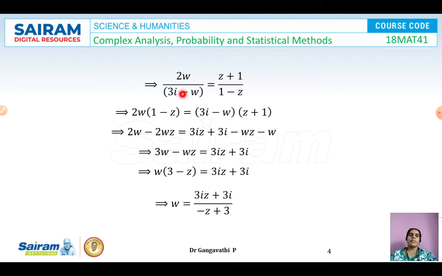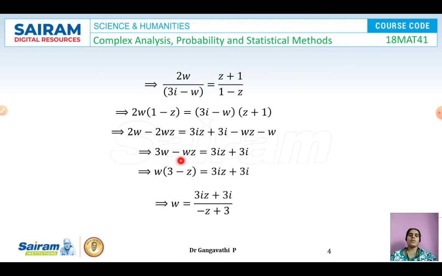Cross multiply them and try to group the w and z terms separately. So here 2w, 2wz, 3i into z minus w minus 3i into 1, w into z and w into 1. So 3w minus wz, this wz we are taking towards this side, and this w can be taken towards this side, so it becomes plus w.